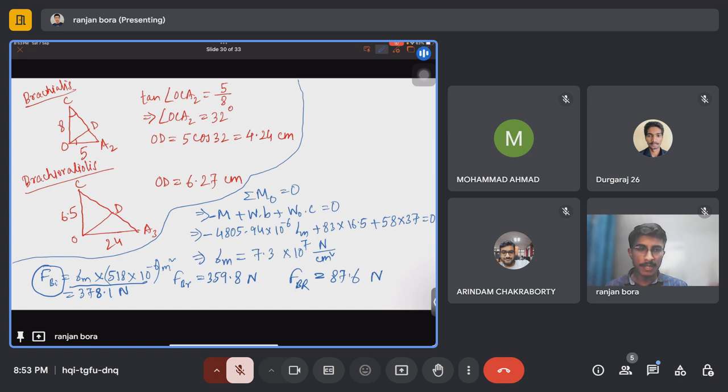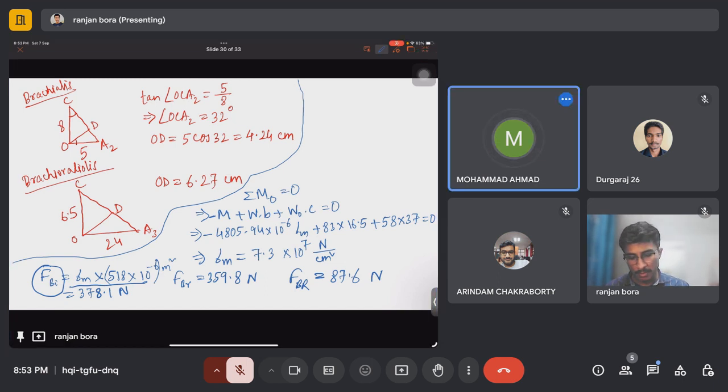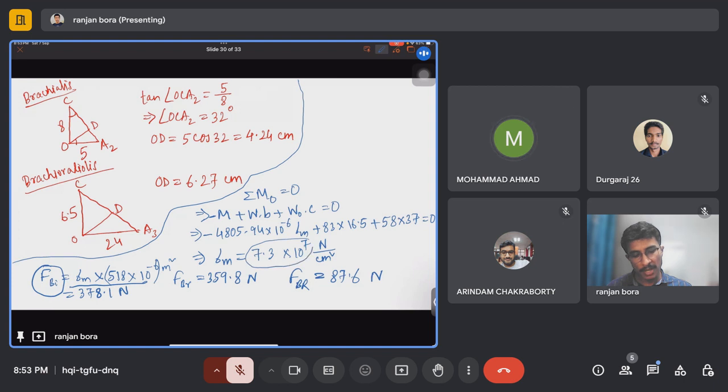It is getting a very huge value, right? Yes, sir. I think there is some mistake here in calculating the sigma m. Okay, sir.